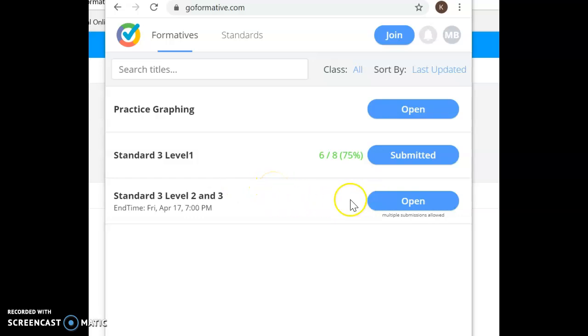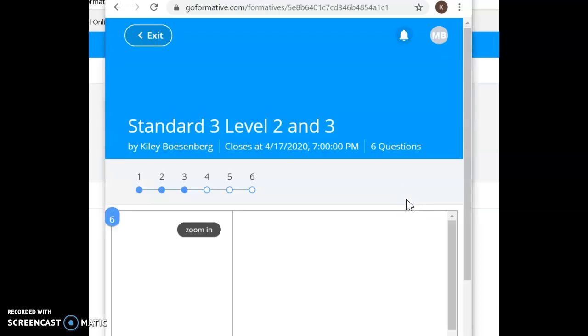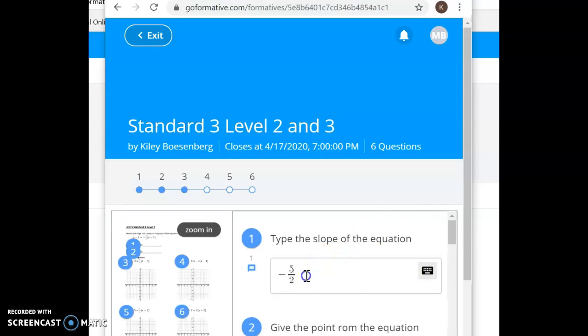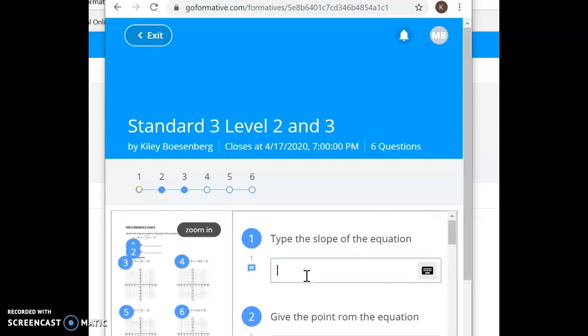What you're going to do is open this Standard 3, Level 2 and 3 formative, and answer the questions.